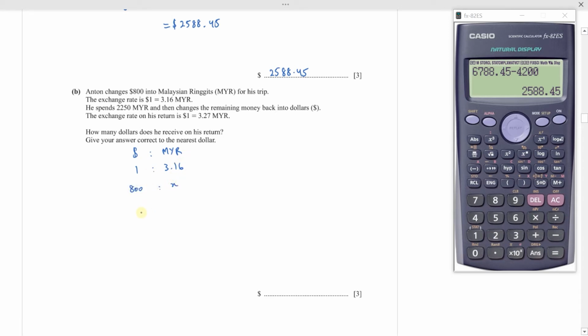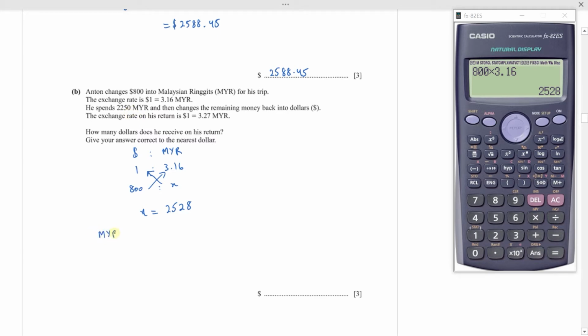So let's calculate X. I will cross multiply like this. So X times 1 is X, 800 times 3.16. So that's the Malaysian currency. He will get 2,528 ringgit. So then he spends 2,250.